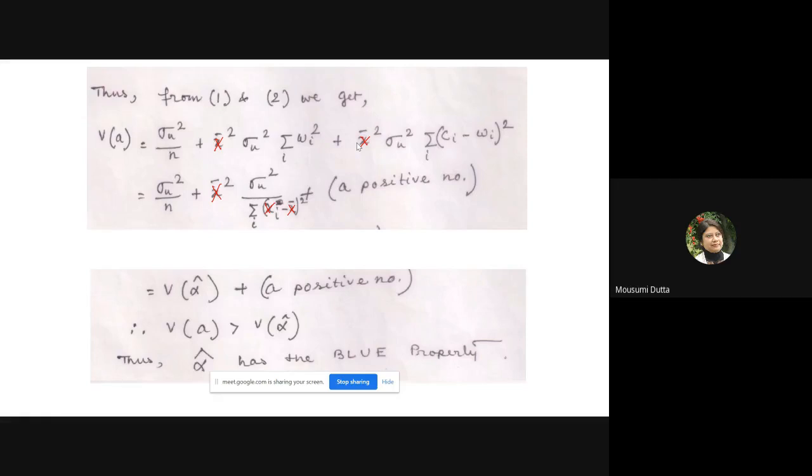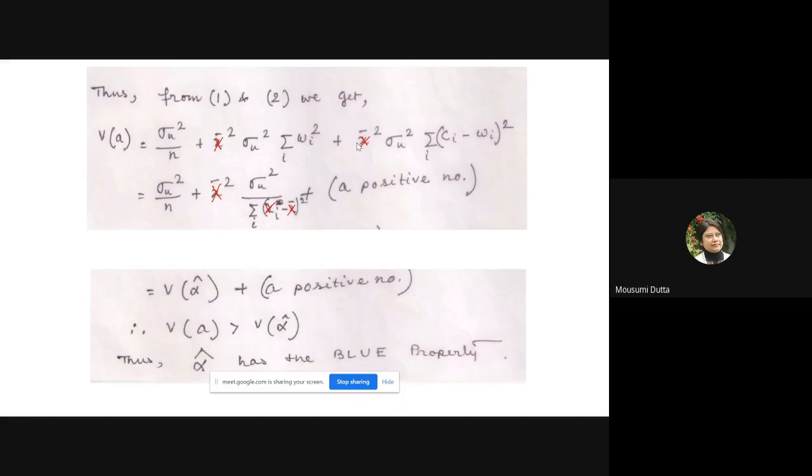Okay, so this completes the estimation of alpha hat and beta hat part. We need to discuss one more estimation that we will do in the next class. We have to find the acceptable estimator for sigma square, because under most of the circumstances, we will have no knowledge about sigma square.